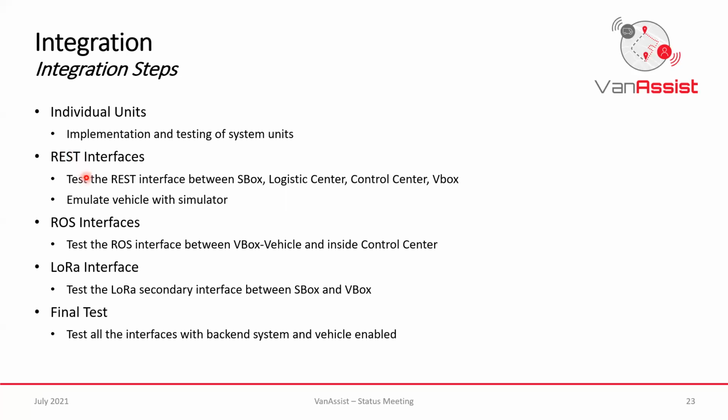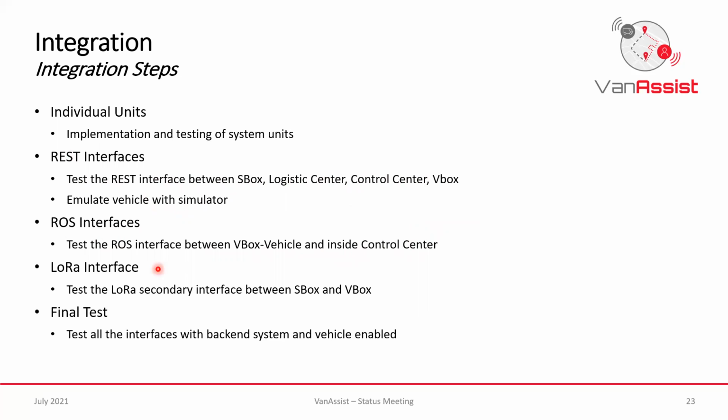We have tested the REST interfaces between SBox, logistics center, control center, and VBox. And at this stage, the WAN has been emulated using a simulator. Then the next stage is implementing and testing ROS interfaces. The ROS interfaces between VBox, vehicle, and inside the control center have been implemented and tested.